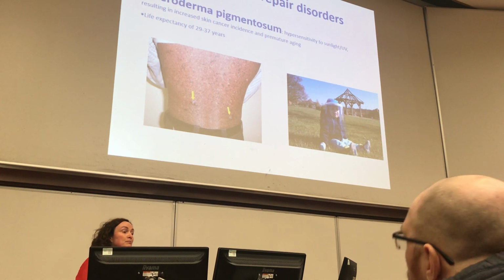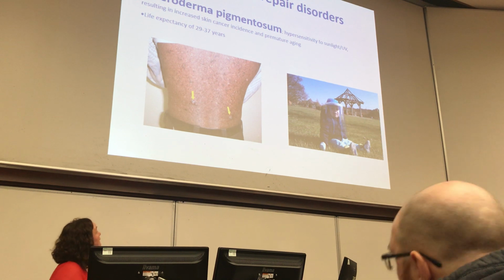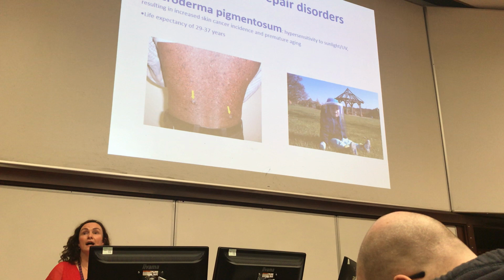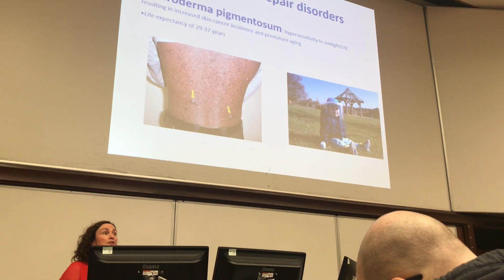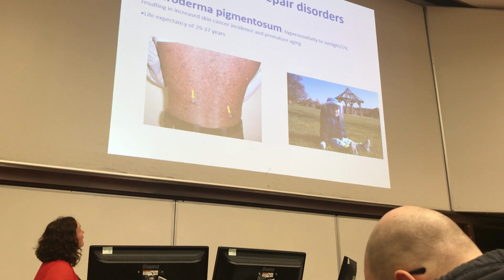So as we saw in both the little cartoon and in the other slide, ultraviolet light damage causes thymine dimers, and it's usually repaired by the nucleotide excision repair pathways.